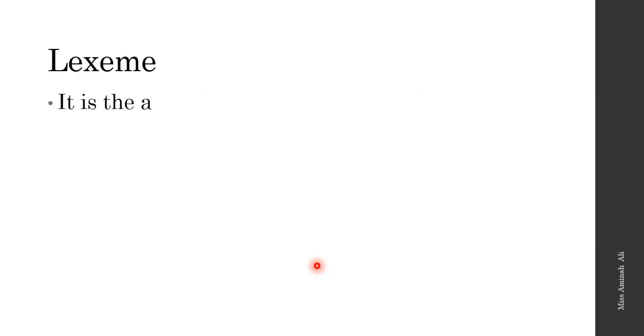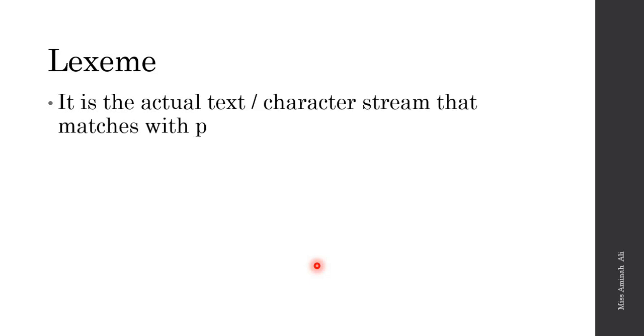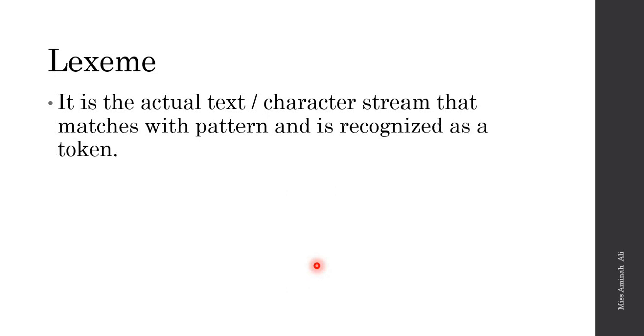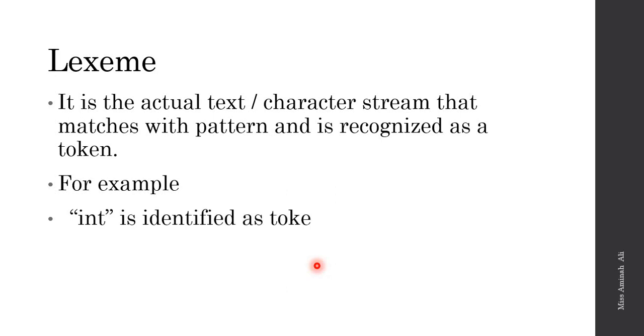Then we have lexeme. It is the actual text or character stream that matches with pattern and is recognized as a token. अब जो भी हम टोकन बनाते हैं उसकी कोई एक्चुअल वैल्यू होती है, वो एक्चुअल वैल्यू जो है वो लेक्सीम कहलाती है। फॉर एग्जाम्पल int is identified as token keyword. int क्या है, अगर int को हम रिकग्नाइज करें, उसका टोकन बनाएं, तो int is a reserved word, it is a keyword.